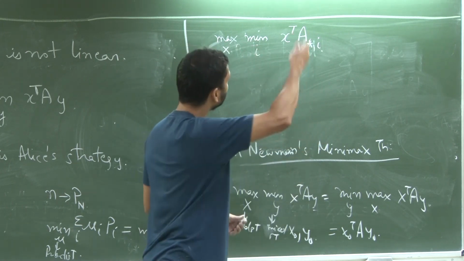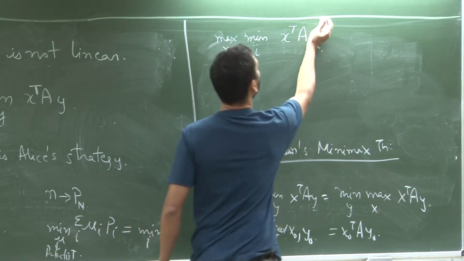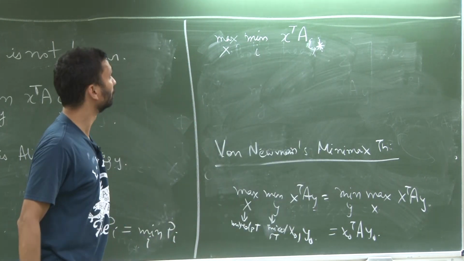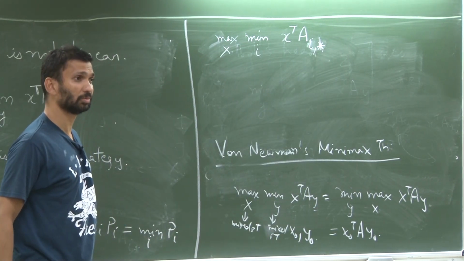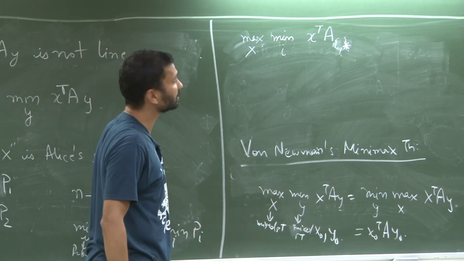This is the column, right? It's the column of, no, row. Right? Okay. How do I write it as a linear program now?